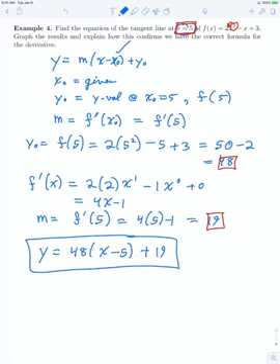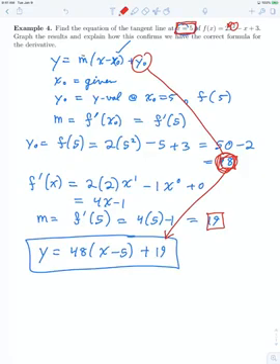Oops. You guys see what I did? All my calculations were correct, but I do need to pay closer attention to the formula and which thing goes where. So y0, that was positive 48. Where is that supposed to go? Ah, that's the number at the end.